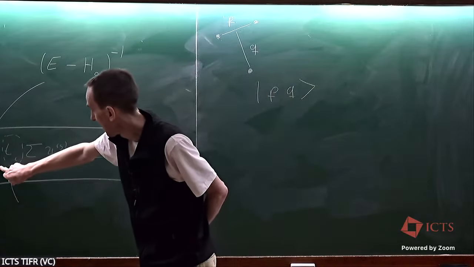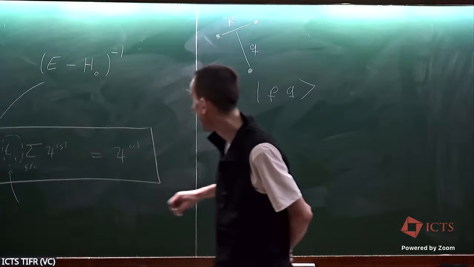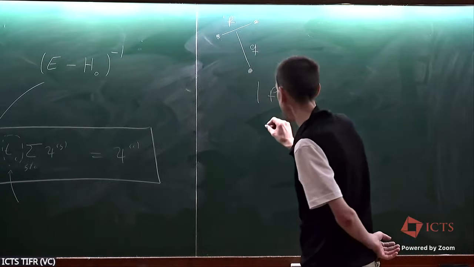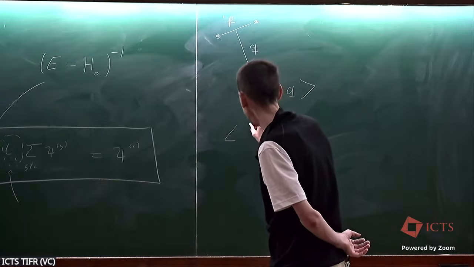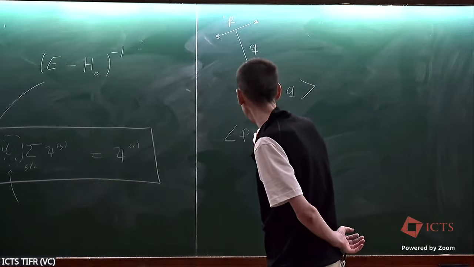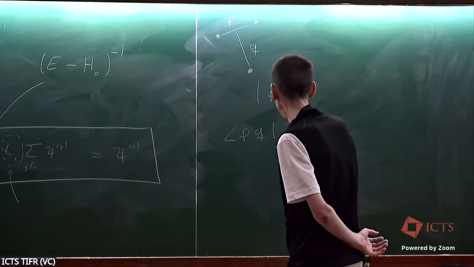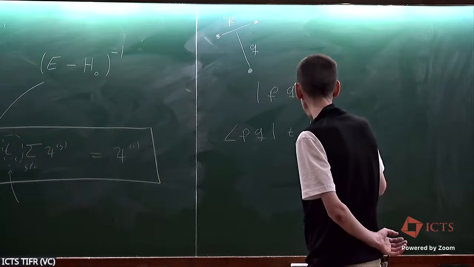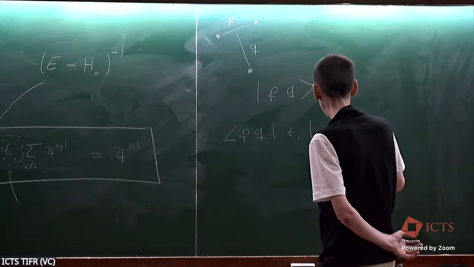I want to analyze this T_i, and that becomes a bit easier to look at. So <p, q| T_i |p', q'>.